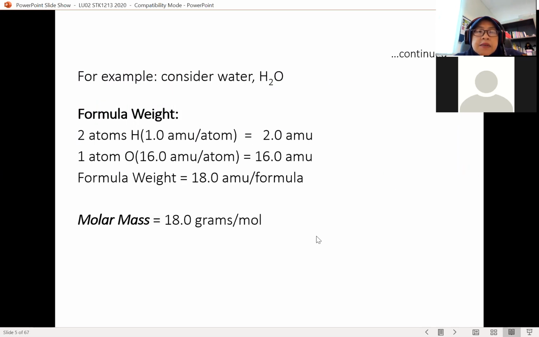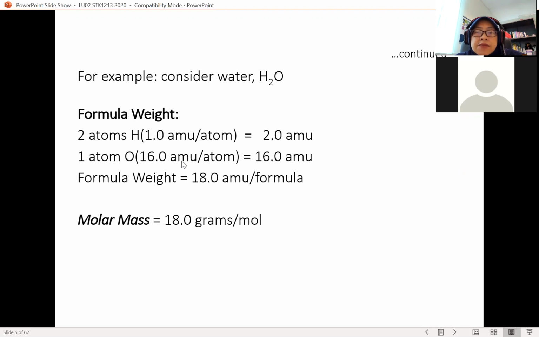Okay. For example, if we consider water, in water we have 2 hydrogen atoms and 1 oxygen atom. So 2 hydrogen atoms, when we multiply by 1 AMU of a hydrogen atom, is a total of 2 AMU, and for the oxygen it's 16 AMU.